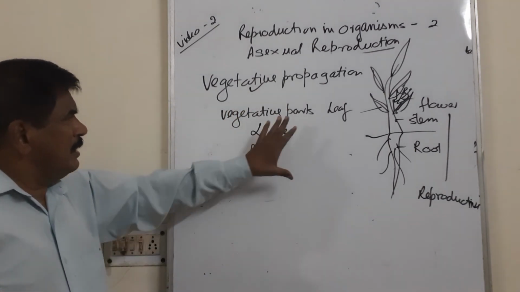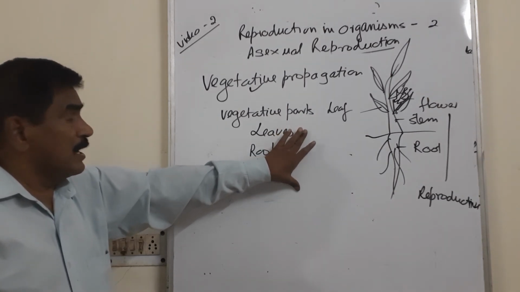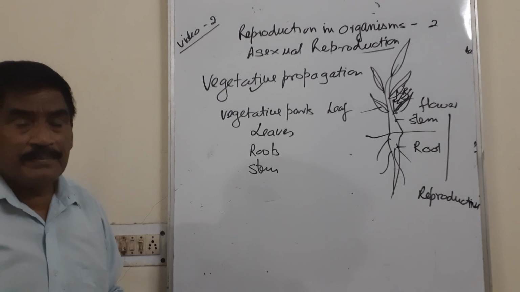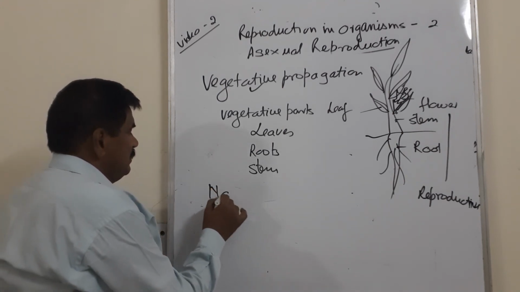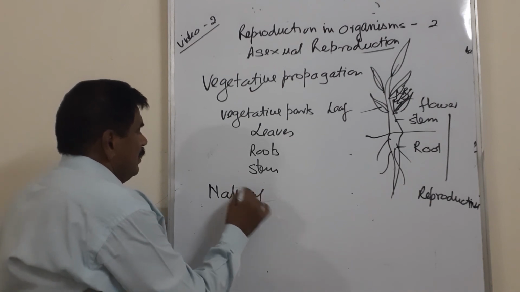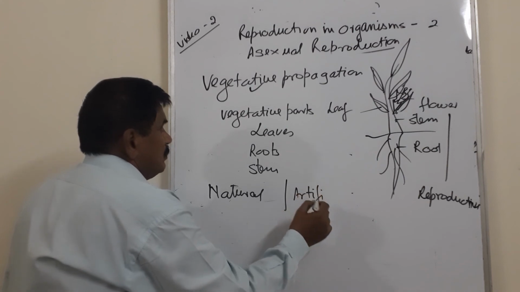Now, in a large number of plants, different types of plants produce vegetatively. Now, this reproduction may be natural or artificial.